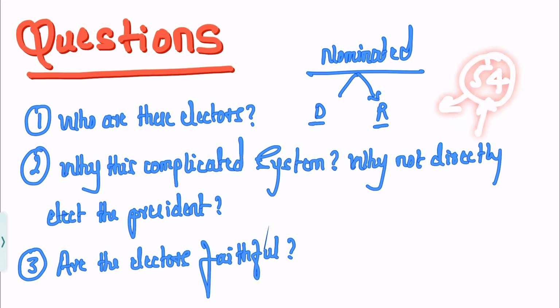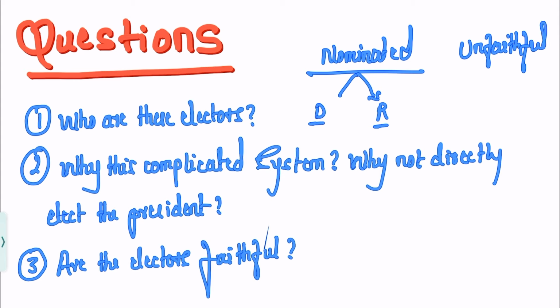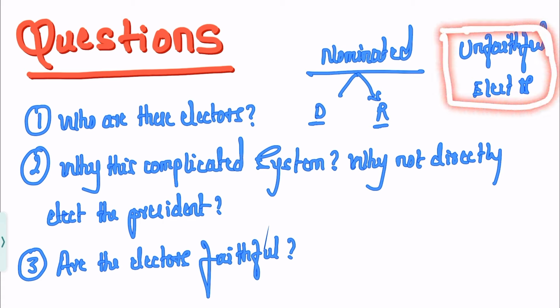Such electors could be called unfaithful electors, right? What if these electors become unfaithful and do not vote for their respective party? Basically, many states in the US have regulations and laws and constitutional provisions that prevent electors from voting for any party other than the party that nominated them.